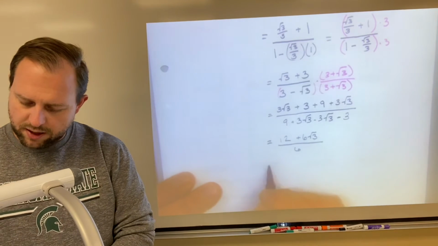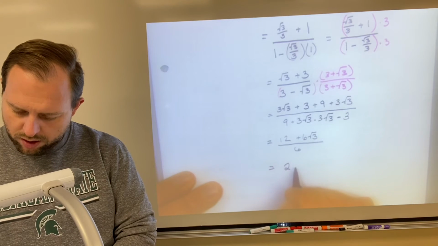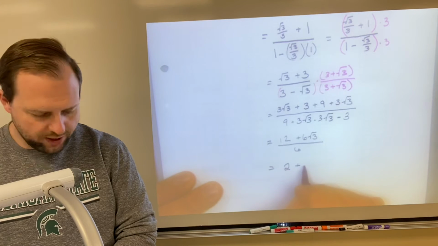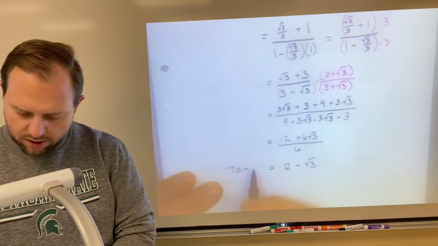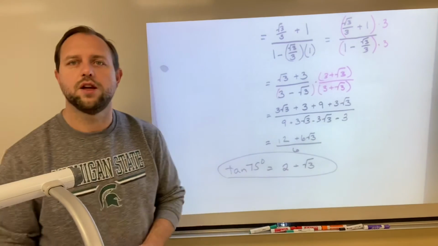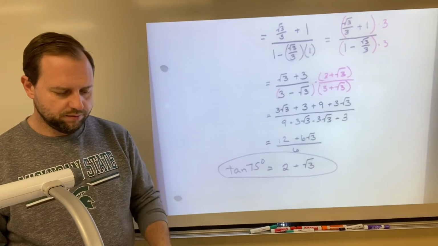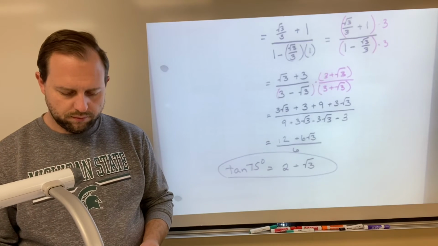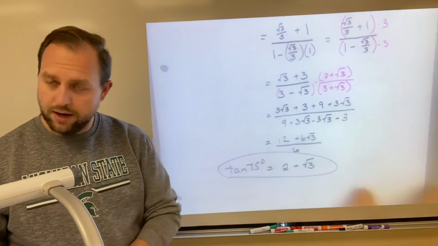We can take a 6 out of everything. 12 divided by 6 is 2. And 6 divided by 6 is 1, leaving us with the root 3. So the tangent of 75 degrees is 2 plus root 3. A lot of work involved. Okay? A couple other problems I need to go over with you today.